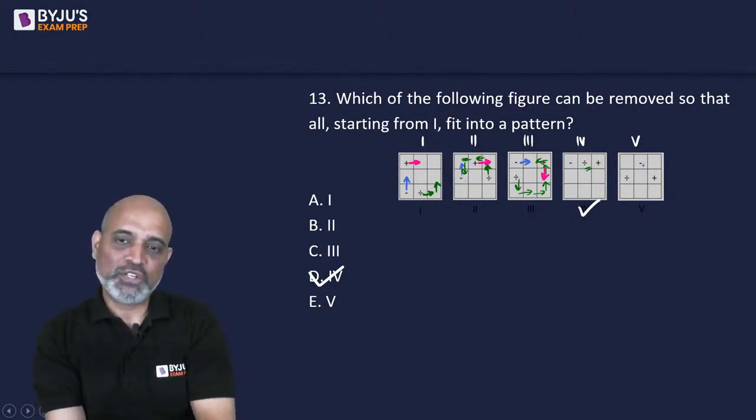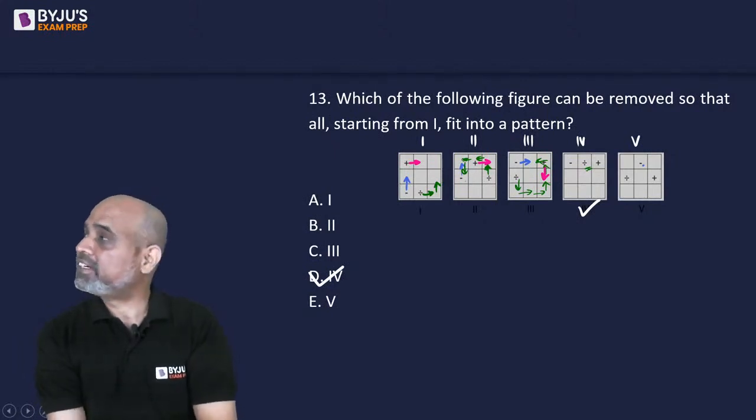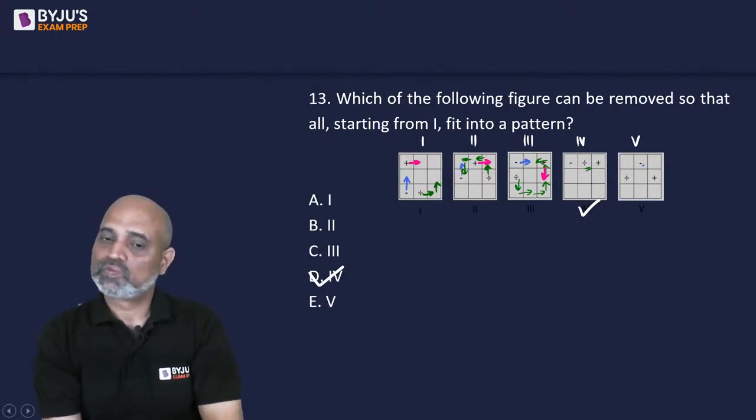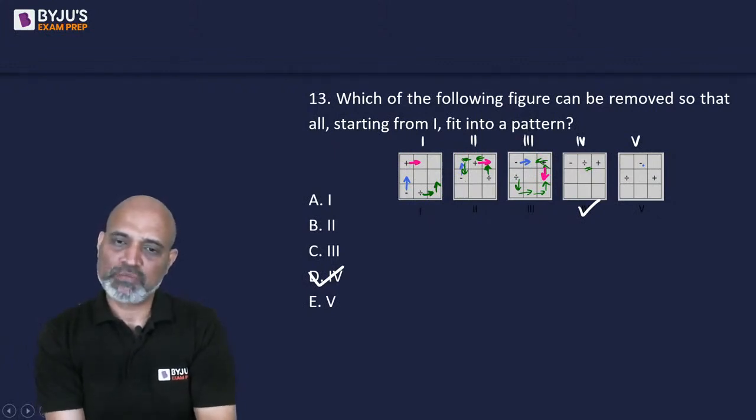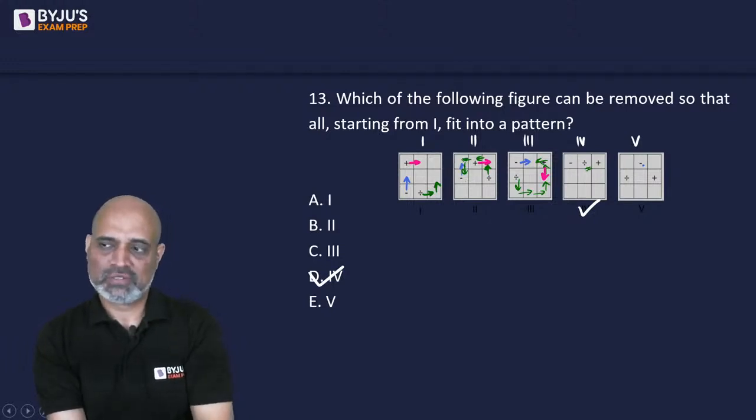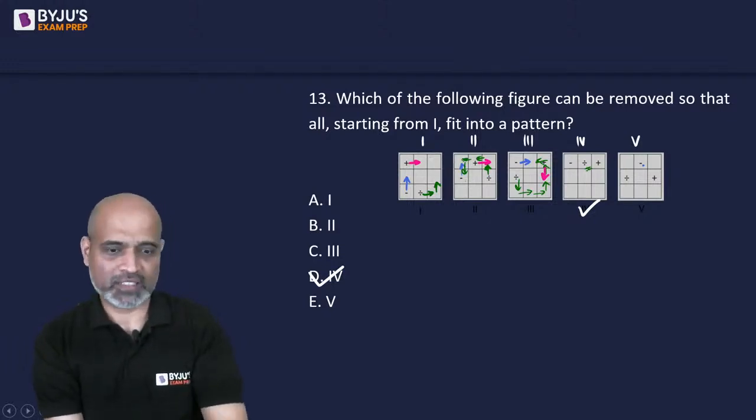So 1, 2 के बाद how can it be 8? What is happening? How is division moving?